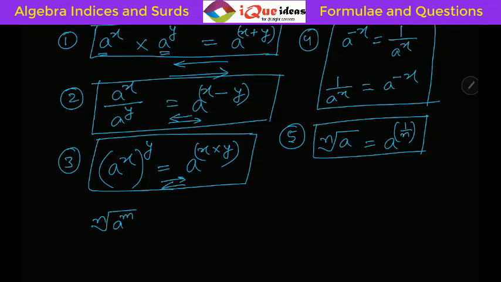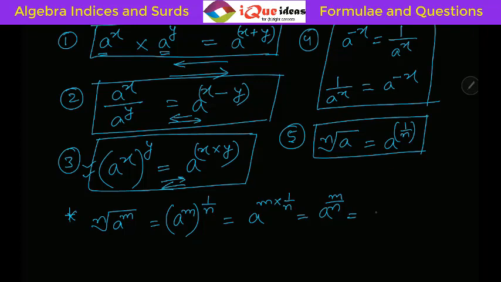Now how do we simplify this? Look at this carefully. I'm just giving an illustration here. Nth root of a raised to the power m. This can be written as a raised to the power m whole to the power, because it is the nth root, it is power 1 by n. Now from this rule, we can say it is a raised to the power m into 1 by n, which is a raised to the power m divided by n. Right?